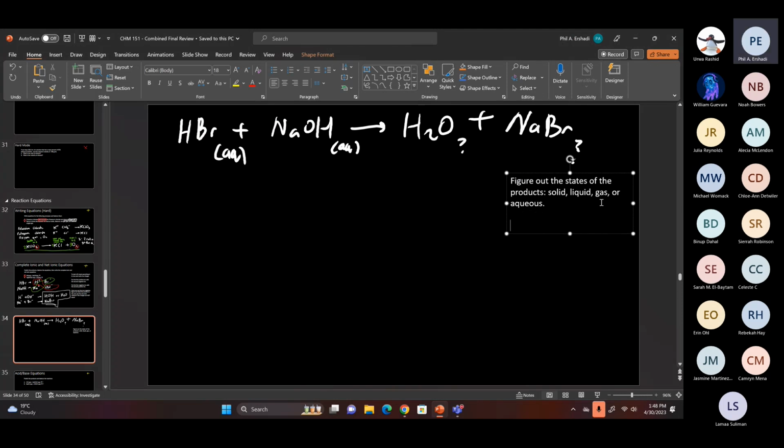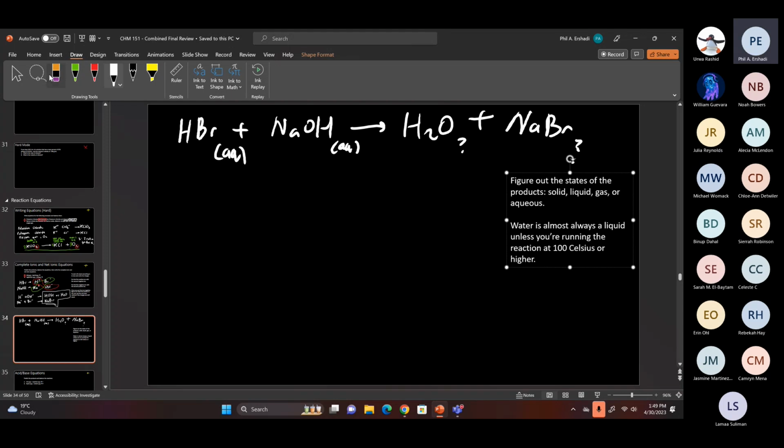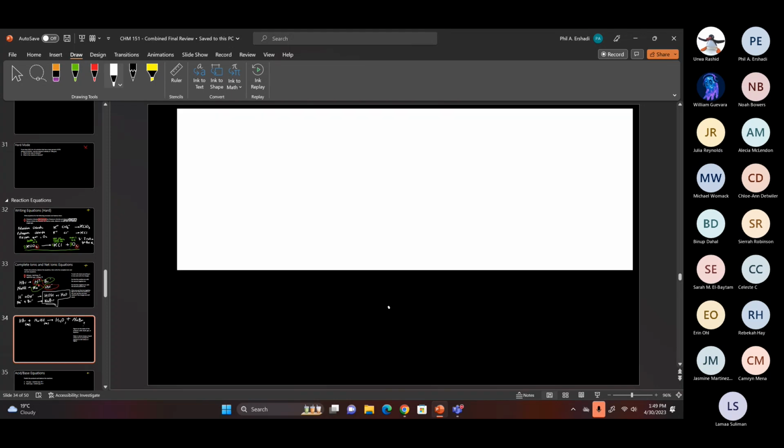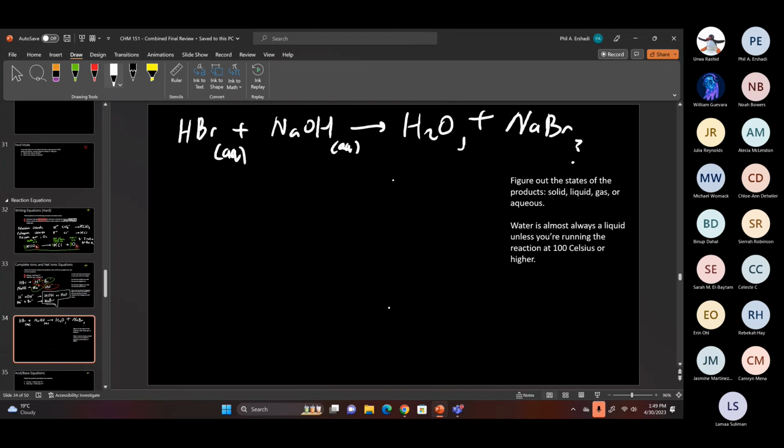So water is almost always liquid, unless you're running the reaction at 100 Celsius or higher, in which case you'd get a gas instead. In this case, we didn't give you a temperature, so you can assume liquid safely. So put a liquid there.